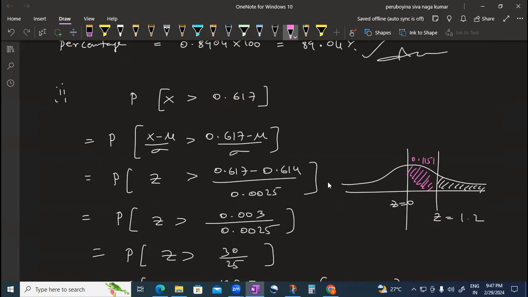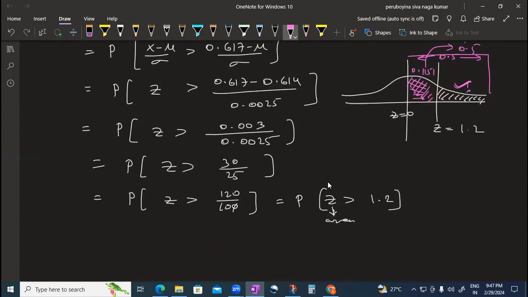Okay, this was given. This is not given. How much is this? We know that half of the part is 0.5. This entire part from here to here, the area is 0.5. But we don't want this shaded part. So if you subtract this value from 0.5, you get this part. The remaining part is the white shaded part.